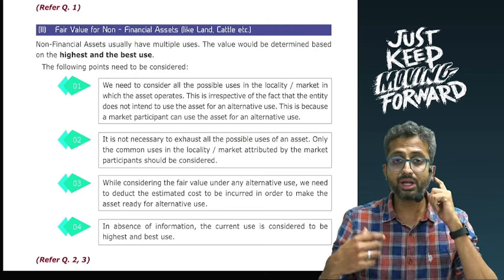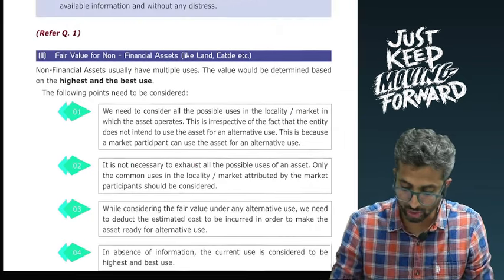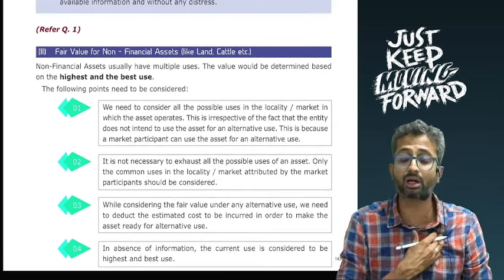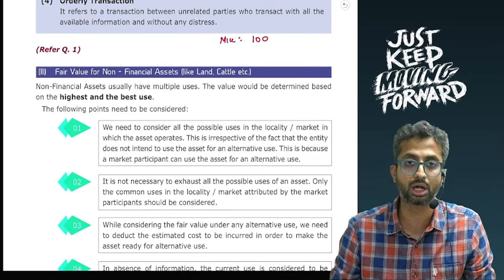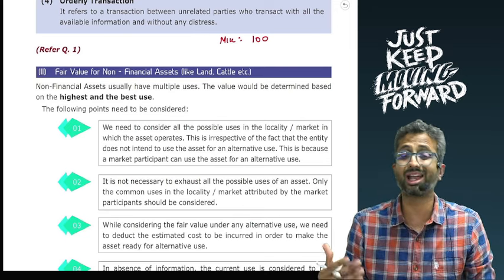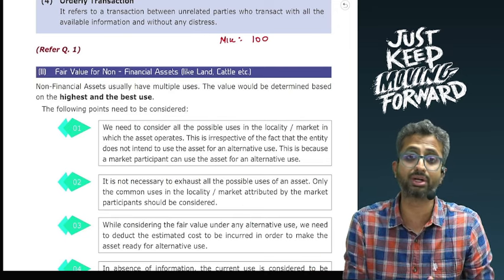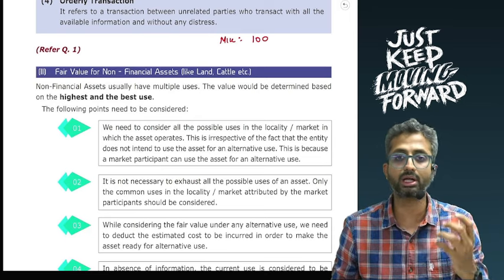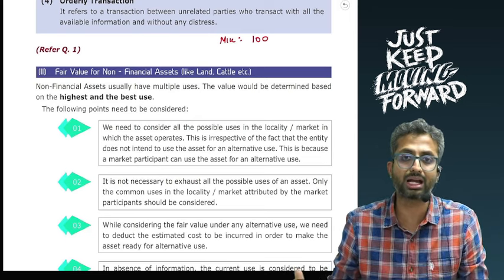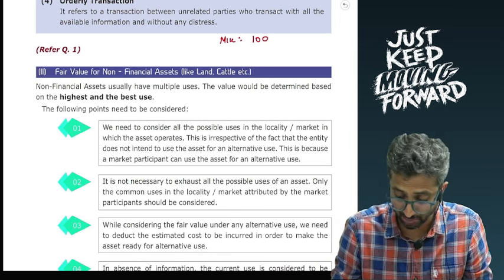Now, let us say you are having a mill land in, let's say, Mumbai, and you are using it as a mill whose current fair value is 100. However, this is located in a posh locality where nearby high-end residential towers have been constructed. So, will a market participant possibly consider the use of this as a residential tower? Well, yes.